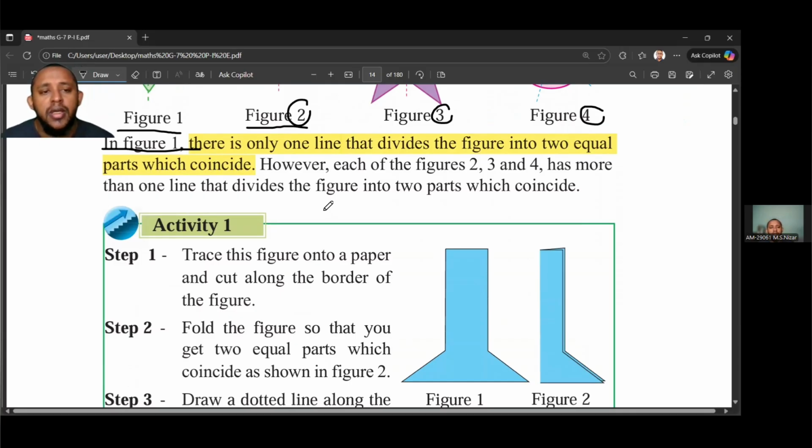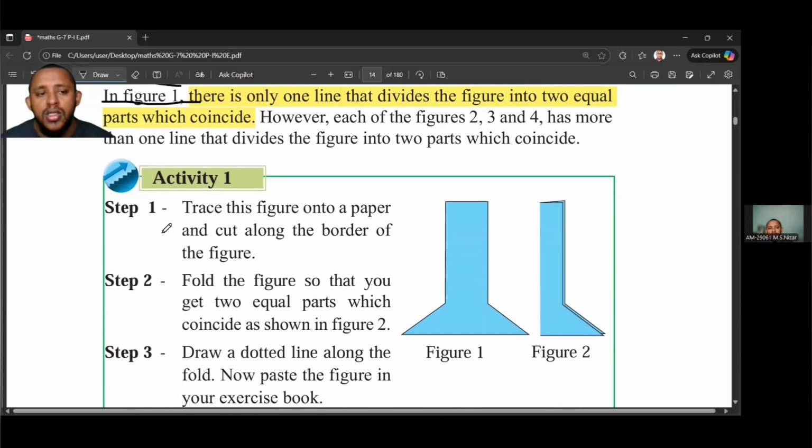Yes, we'll proceed from here onwards. Now there's an activity given here. As step 1, you have to trace the figure given in figure 1 onto a paper and cut along the border of the figure.